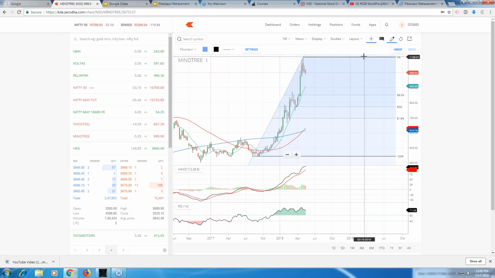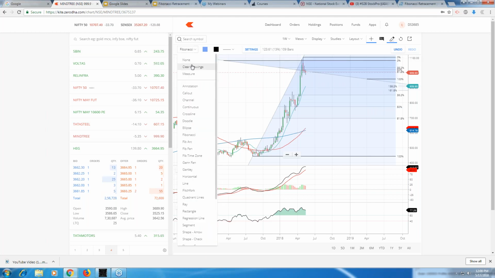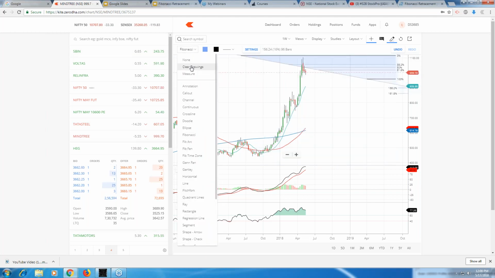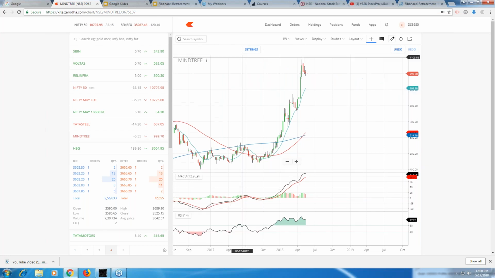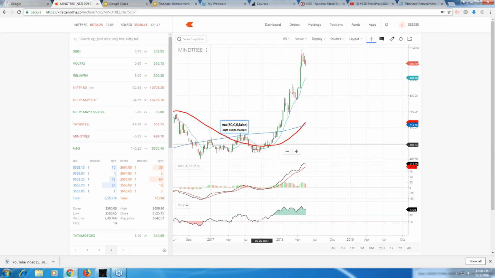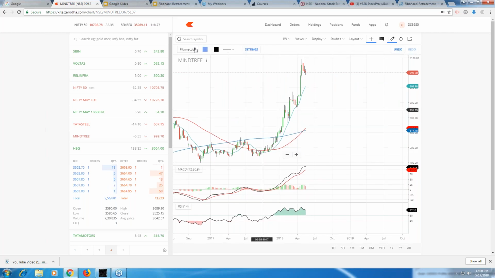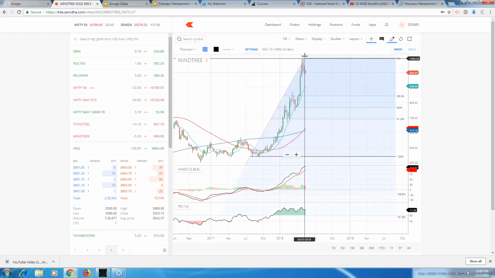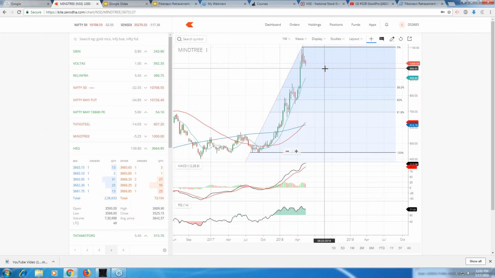Where is it right now? About 9950, right? 100 below is 1000. Okay, what does it do? From here, if I draw the Fibonacci series, this is the recent low and this is the recent top, and the first retracement that the stock will have is going to be at this level, somewhere around 9550.